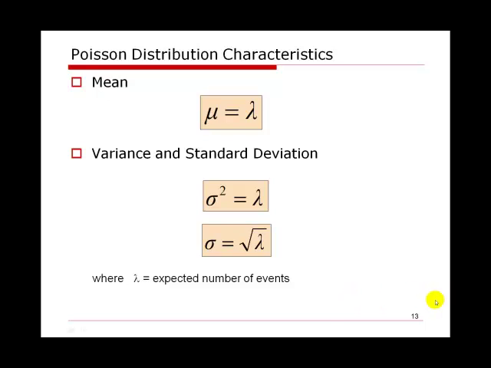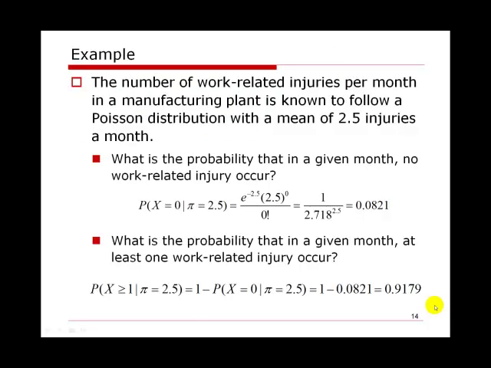And of course, the standard deviation is the square root of the variance, so it's the square root of lambda. An example: the number of work-related injuries per month in a manufacturing plant is known to follow a Poisson distribution with a mean of 2.5 injuries a month.